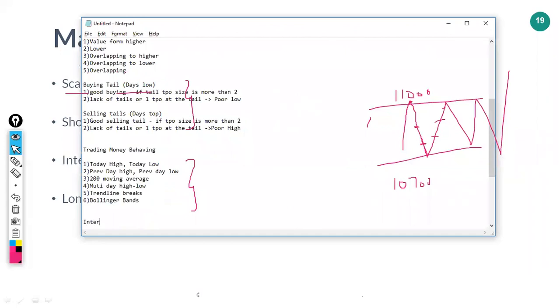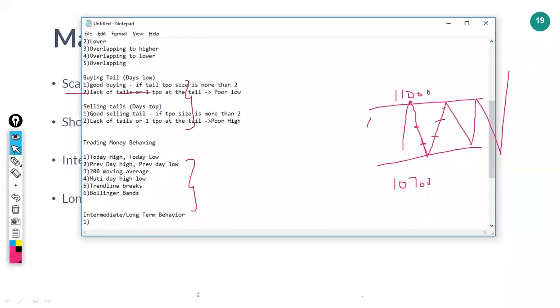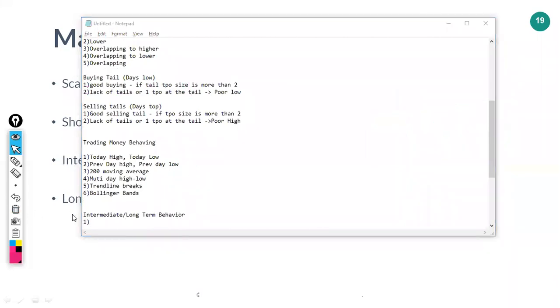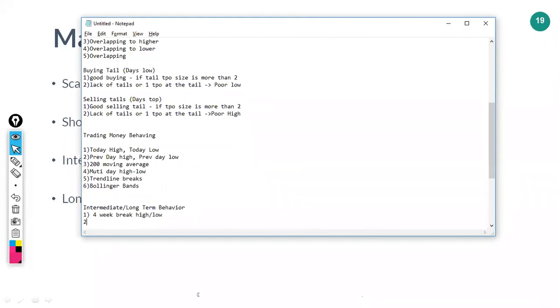Intermediate or long-term participants might not be interested in day high or day low. They have a different reference level. Maybe they want to buy on a break of a 4-week high or low. They want to enter at a 52-week high or 52-week low.